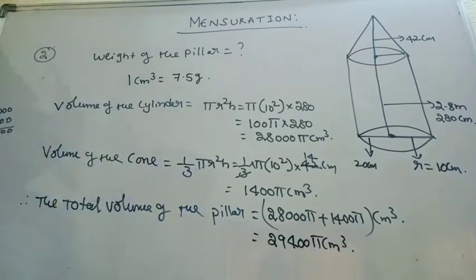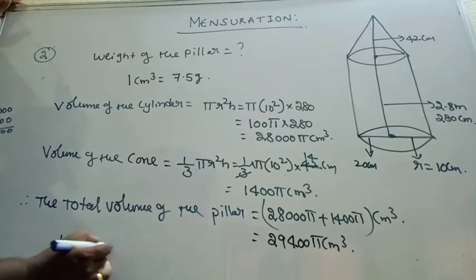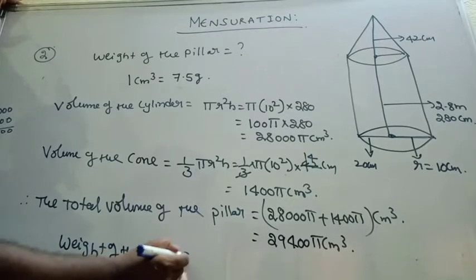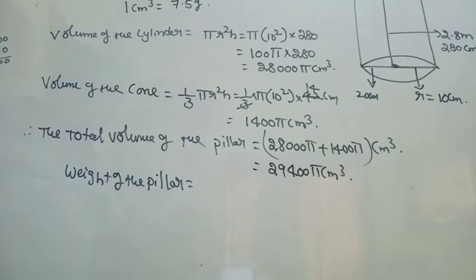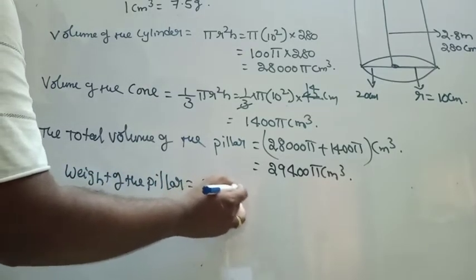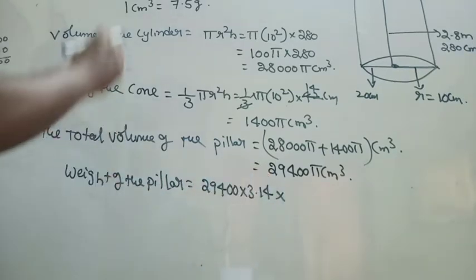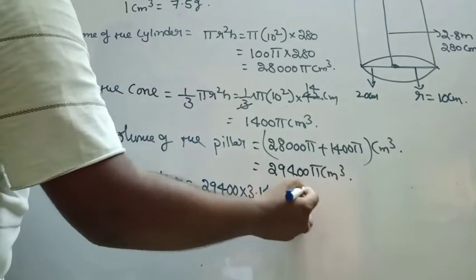Now we need the weight of that pillar. Weight of the pillar is 29,400 pi, that is 29,400 into 3.14, into 7.5 grams, since 1 cubic centimeter is 7.5 grams.